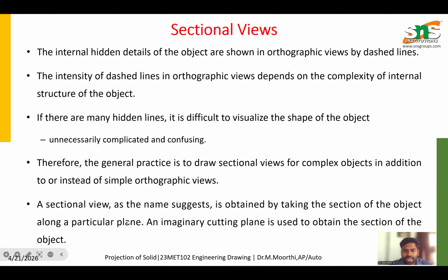An imaginary cutting plane or section plane is used to cut the object either parallel to the axis or perpendicular to the axis, as well as parallel to the base or inclined to the base. That depends on our requirement.